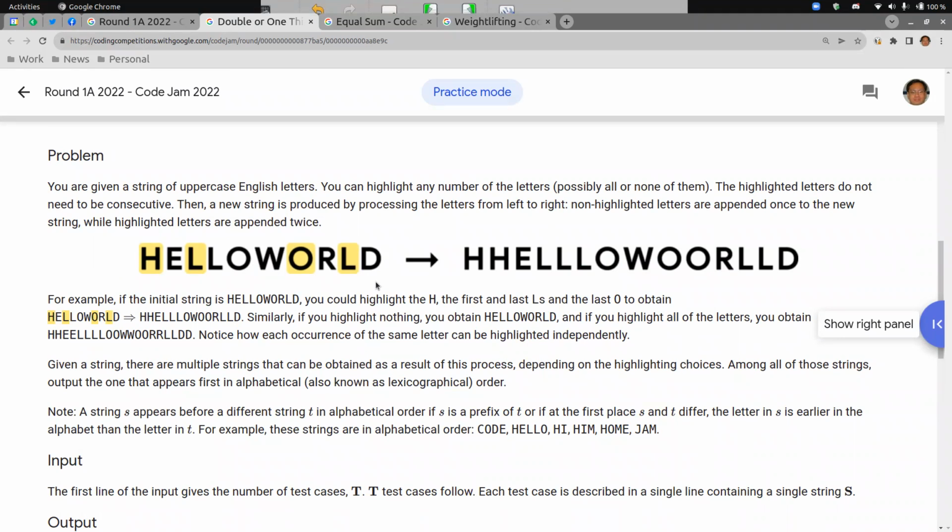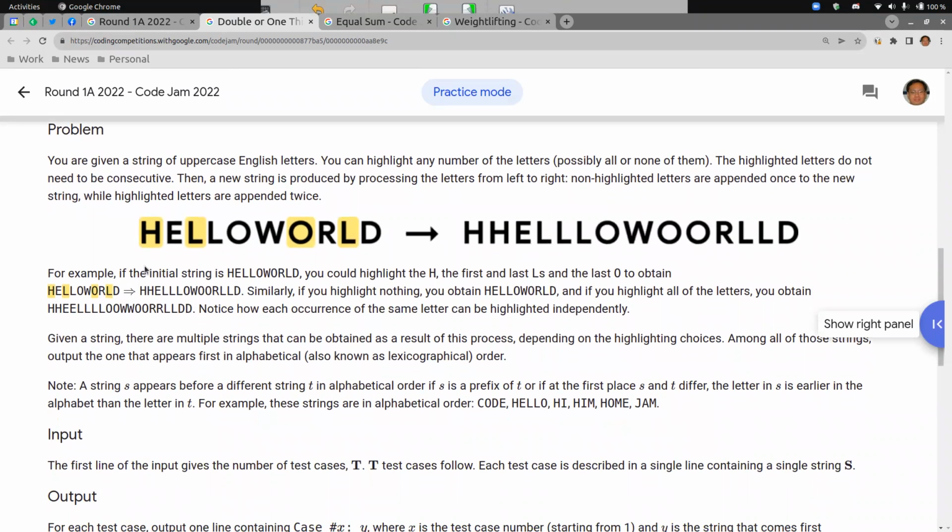Then a new string is produced by processing letters from left to right. Non-highlighted letters are appended once to the new string, while highlighted letters are appended twice. In other words, anything that you highlight is doubled up. Okay, that's another way to look at it.